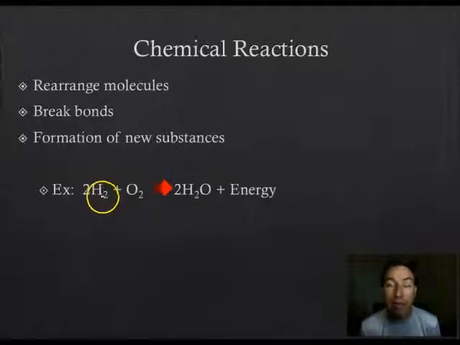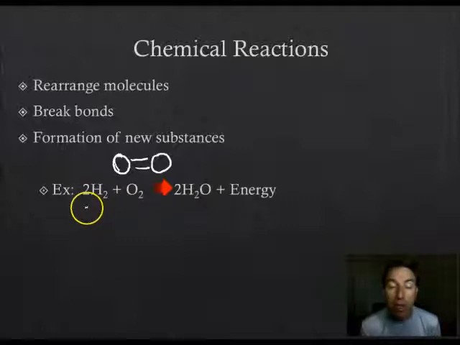You have two atoms of hydrogen bonded together here, and you have two of those molecules, plus one molecule of oxygen. This is two atoms of oxygen bonded covalently. If we do the structural, we have those, and then we get two molecules of water plus some energy out when we create this.